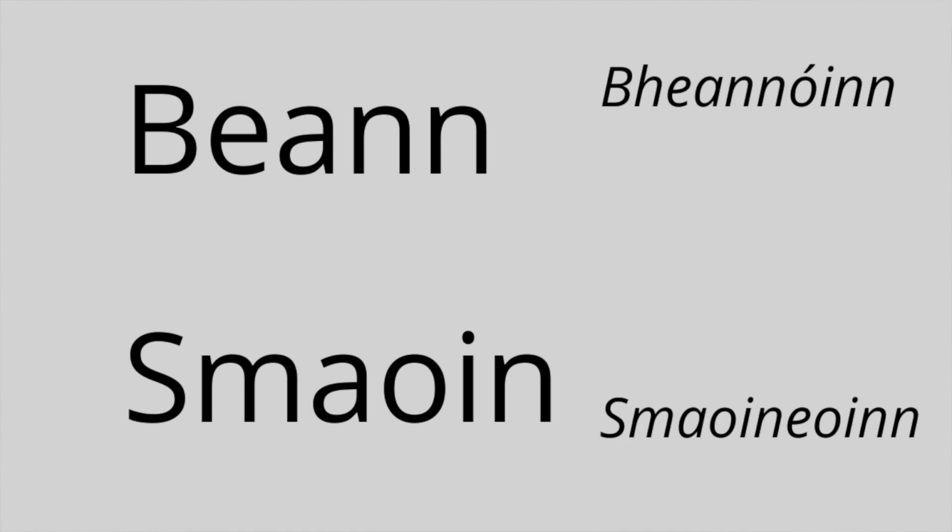They're the root of the verbs. And we then choose what vowel is the last vowel there. In bean it's A of course, and in smaoin it's I, so that means bean is broad and smaoin is slender. And they would have these endings then: beannóinn, I would bless, and smaoineoinn, I would think.